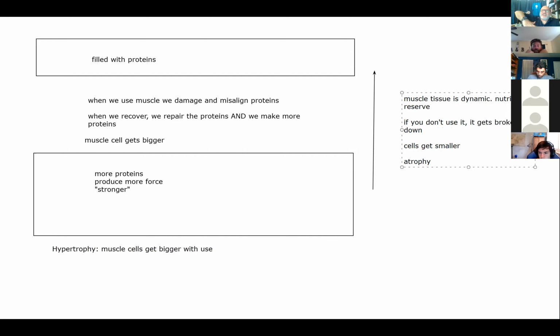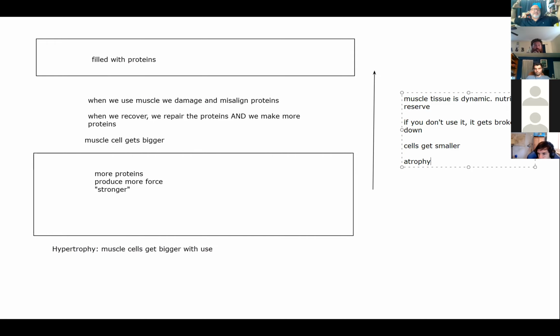So we typically change the size of muscles by increasing or decreasing the number of proteins. The overall number of muscle cells typically doesn't change. We just make the muscle cells bigger or we make the muscle cells smaller. Now, does that mean it's impossible to make new muscle cells? No, because we know there is some limited regeneration. And if instead of working out 4.5 hours a day, 4 days a week for 8 weeks, we did that for 8 years, we'd be one of these big, huge, massive bodybuilder type people.